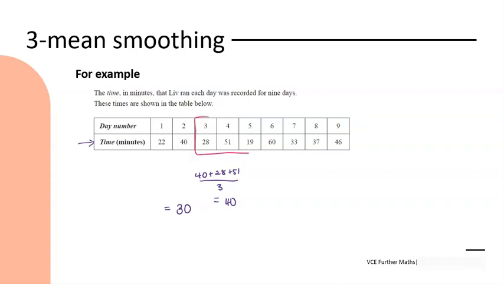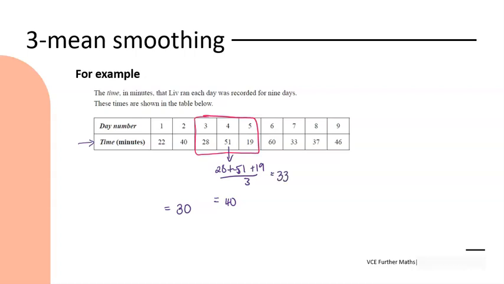Each time I'm moving along one row or one column in the table, along one data point. So now I'm in line with day 4. And so I've got 28 plus 51 plus 19. Again, divide that by 3, and I get the value for day 4 rounded to 33.